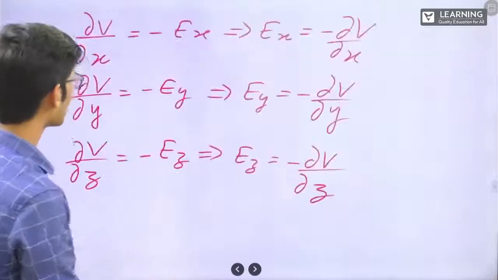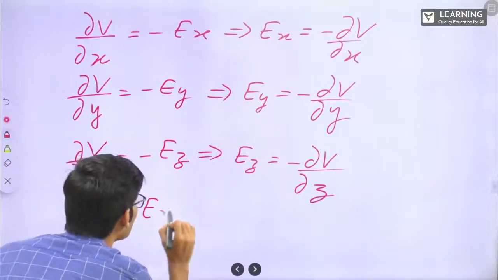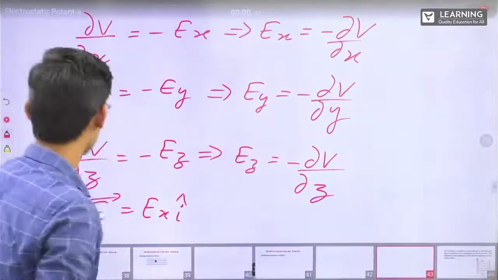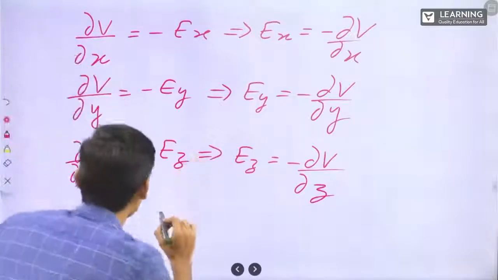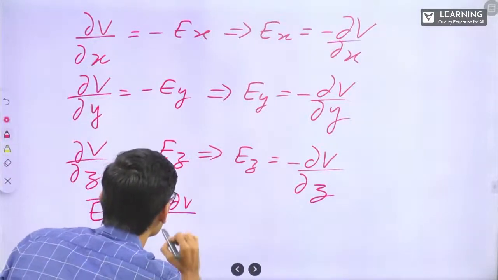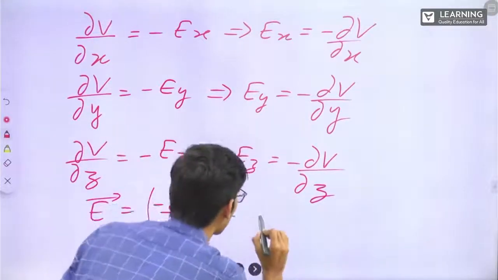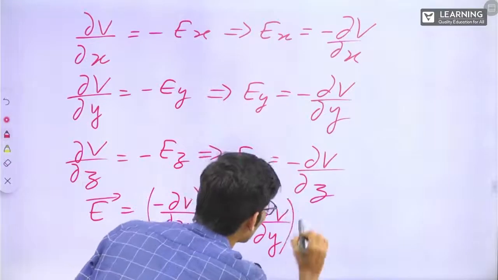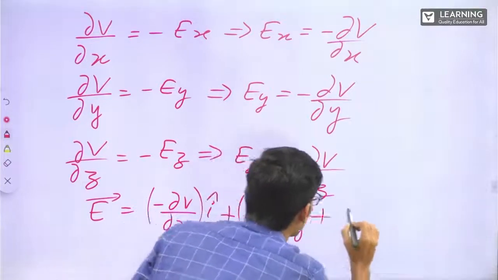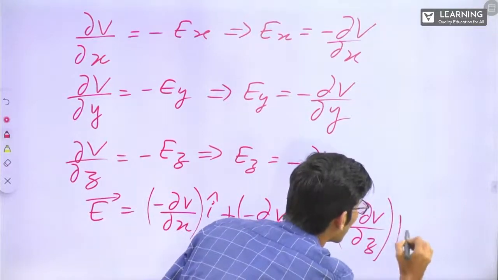So from here I can write E vector as minus dou V by dou x i cap, plus minus dou V by dou y j cap, plus minus dou V by dou z k cap.